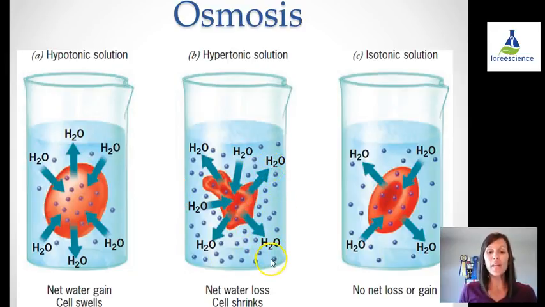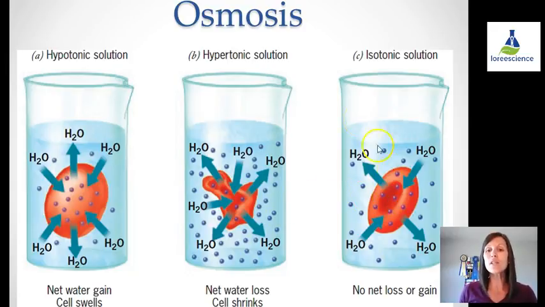Now, as the water is moving out, that cell is going to shrink and shrivel up. Now, in biology, structure dictates function. So if its structure or shape changes significantly, it will no longer be able to function. So if this is a red blood cell, it won't be able to bind to oxygen any longer and carry that around to the cells, which is required for cellular respiration.